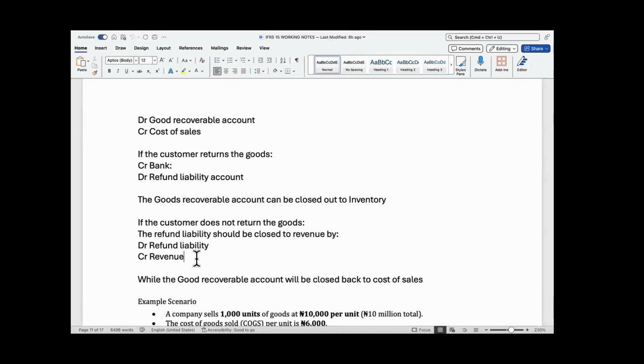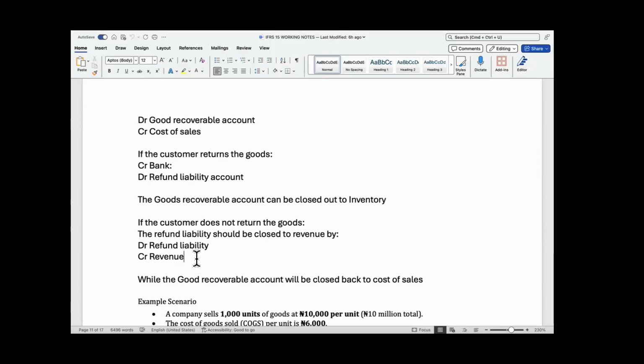You actually recognize it as a refund liability. That's the core thing there. Until that period has lapsed and the customer does not return it, that's when you can transfer it to the revenue account.